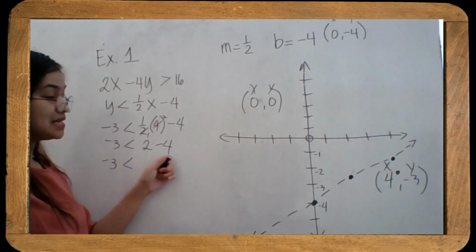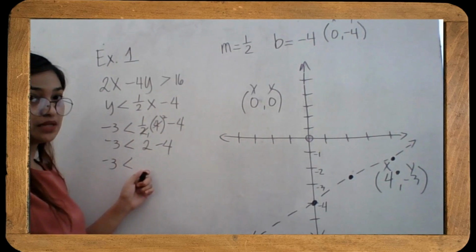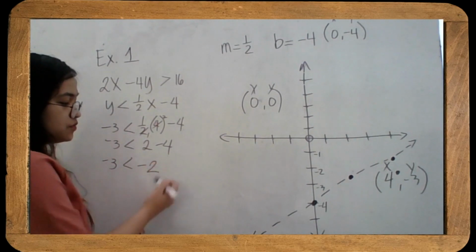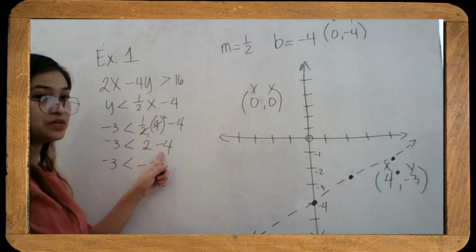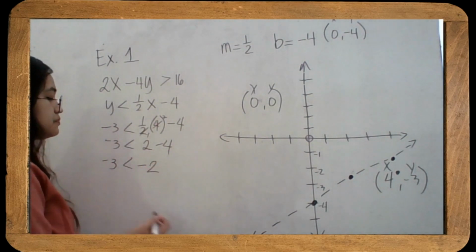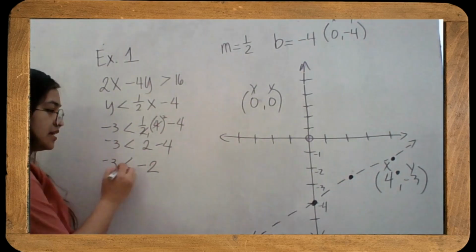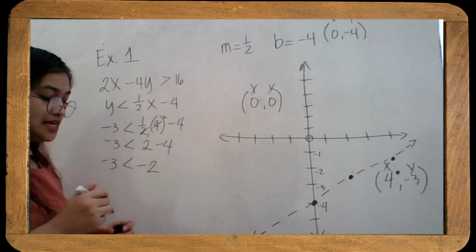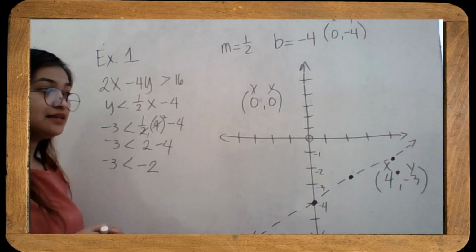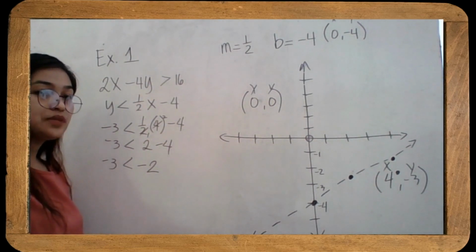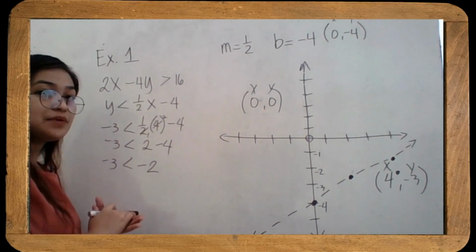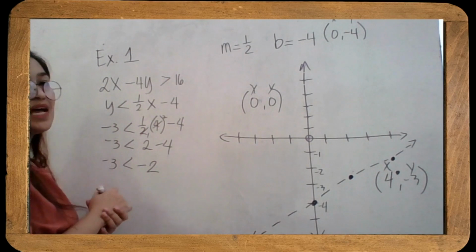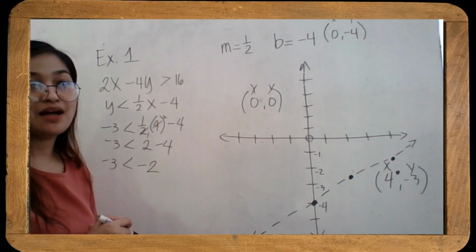Since magkaiba sila ng sign, automatic magsusubtract tayo. 2 minus 4 is negative 2. May negative kasi po, mas mataas si 4. Is negative 3 less than negative 2? Of course, kasi class, sa ating number line, sa negative, kung alin yung malaki ang number, siya yung mababa ang value.